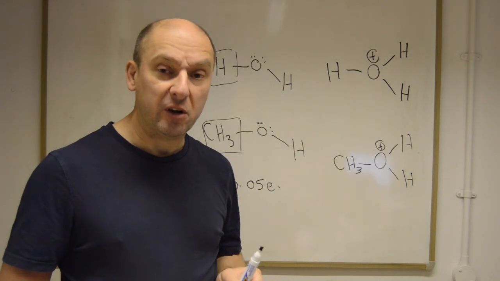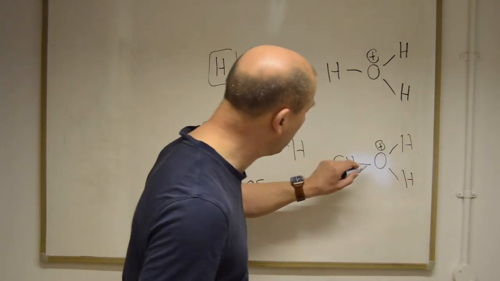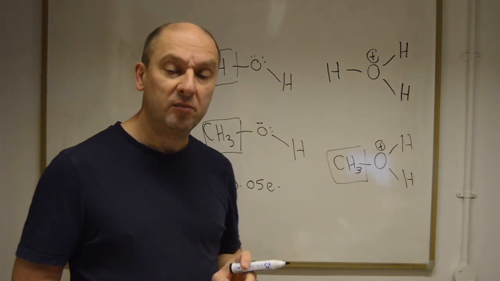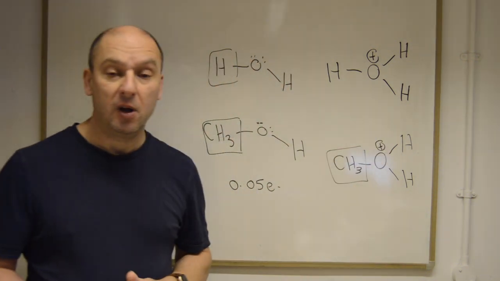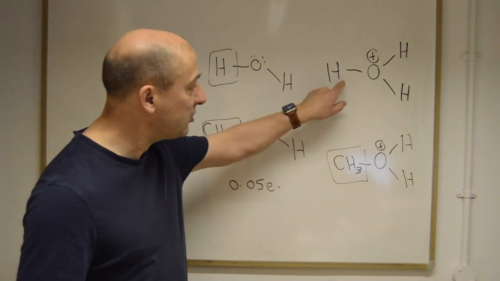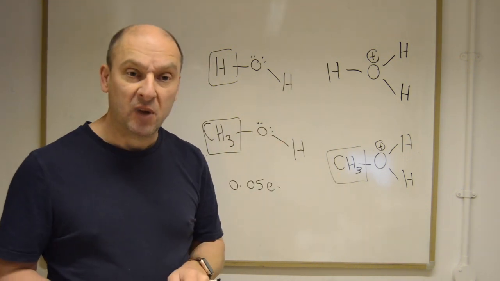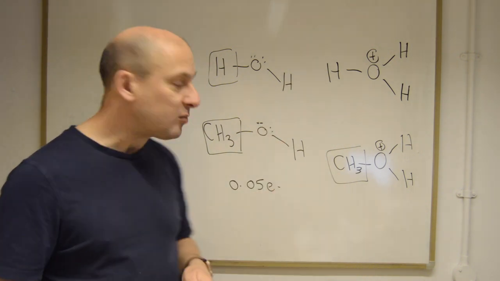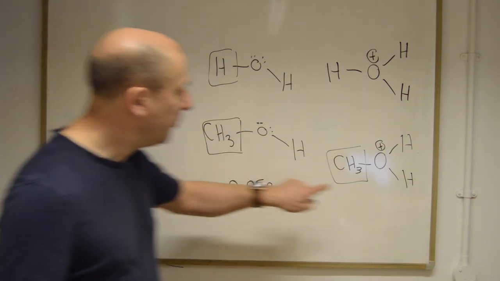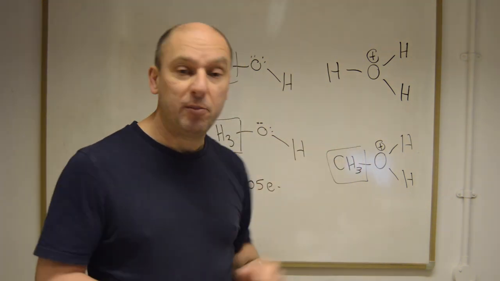What we now find in protonated methanol is the total amount of positive charge on the methyl group is slightly higher than that on each hydrogen. What that means, if there's more positive charge on here compared to here, is that it is donating more electron density. I'm not going to put numbers in. So methyl in this case is electron withdrawing, but here it's electron donating. Now the difference is the positive charge.